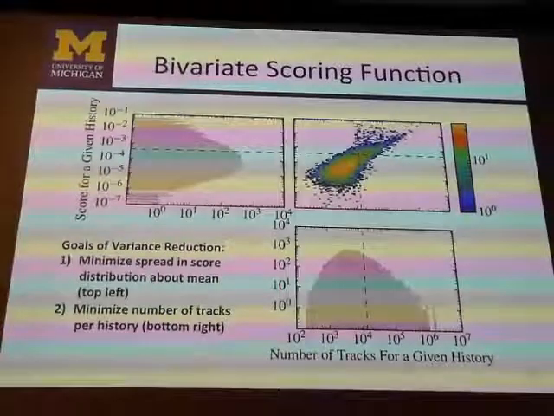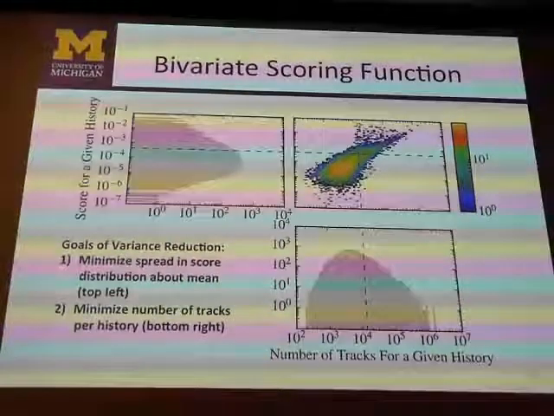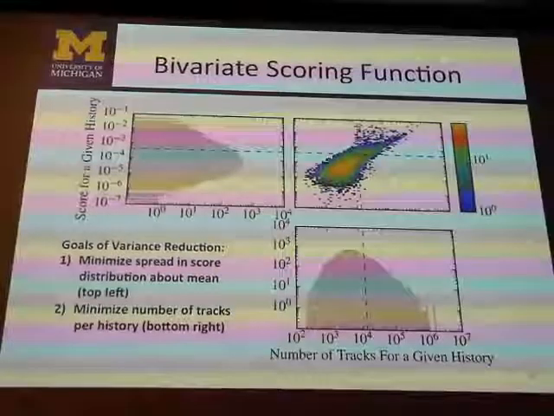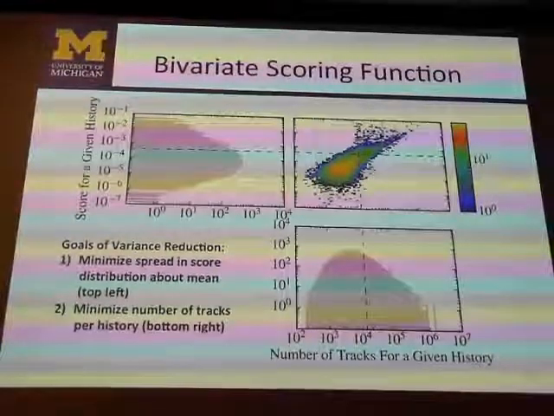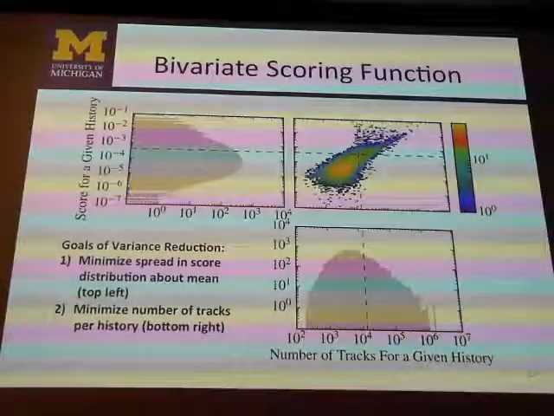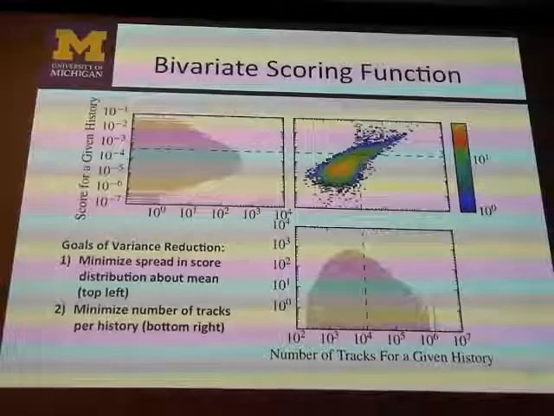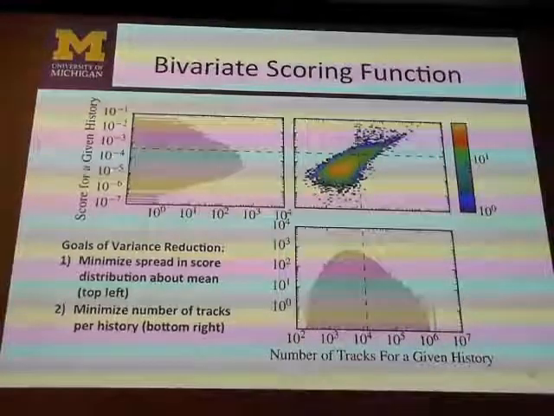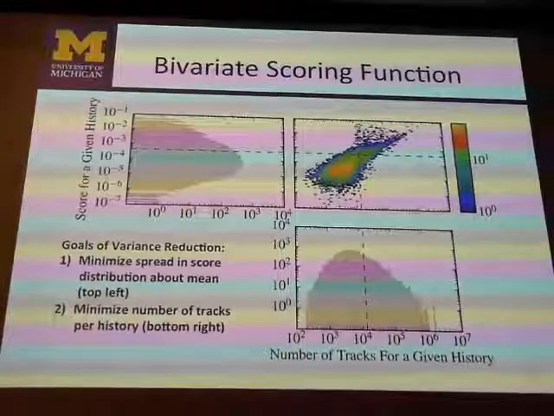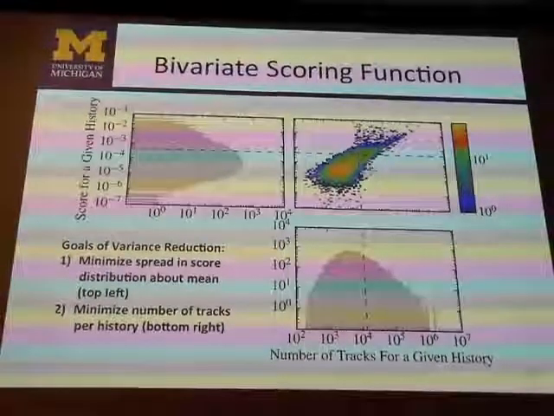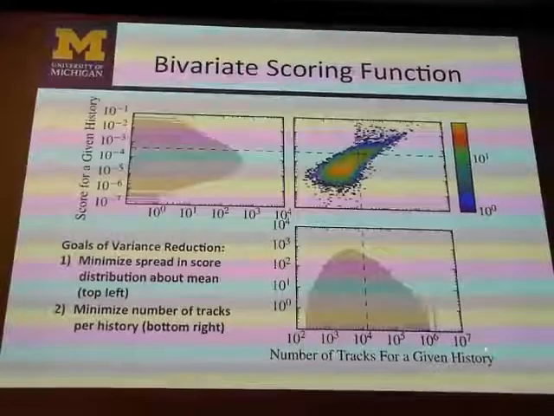So when I think about variance reduction, I like to visualize it this way. I want to go over what we're trying to do. On the left here, I have the score for a given history. And the dashed line here represents the average, so the value we're trying to get at. At the bottom here, I have the number of tracks for a given history.